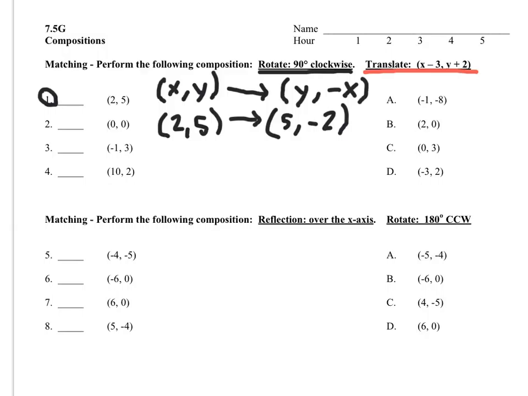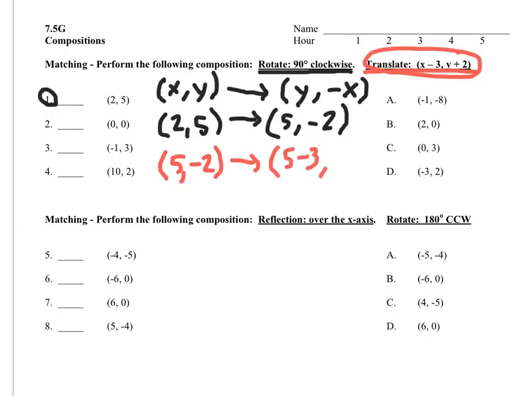Now we want to take that new point, 5, negative 2, and subtract 3 from the x value and add 2 to the y value. And that way we've translated it after we've rotated it. And that looks like this. 5, negative 2 becomes 5 minus 3, comma, negative 2 plus 2.